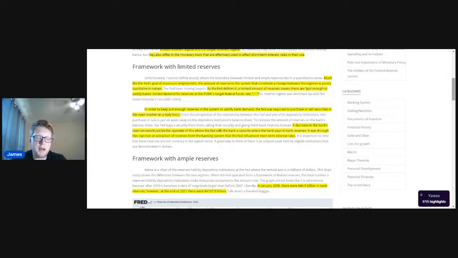This is done by selling or buying securities from banks, right? Switching out treasuries or mortgage-backed securities for bank reserves. Quantitative easing is one way.